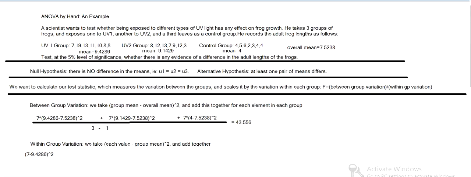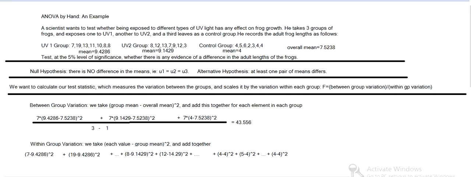Then 19 minus 9.4286, square that, and so on for all 7 of those members. We go to the second group and do the same: 8 minus 9.1429 squared, and so on. Then finally for the third group, we do the same, each value minus the group mean squared.